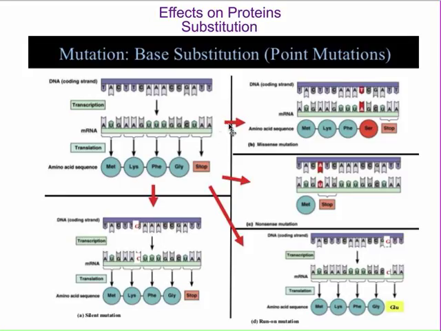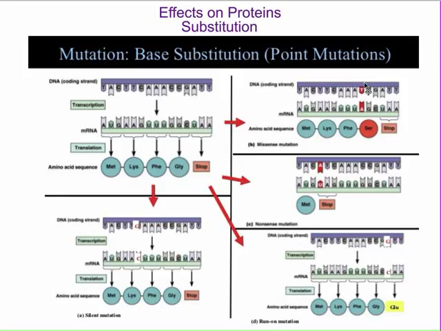During a substitution mutation, there can be a few results of changing a base. So here the example is this first C here has changed to a T. And based on the codon reading, the amino acid was originally a glycine.